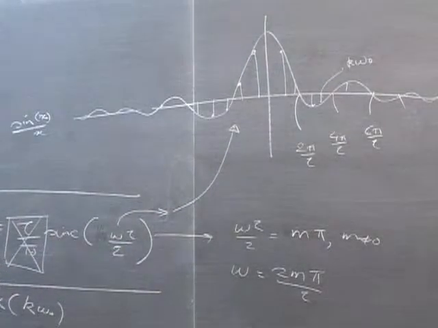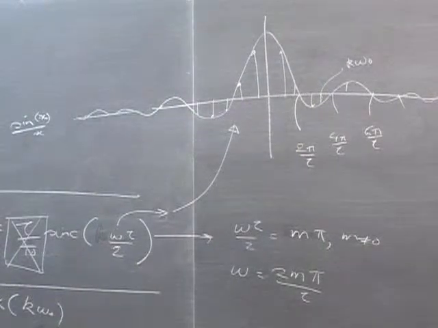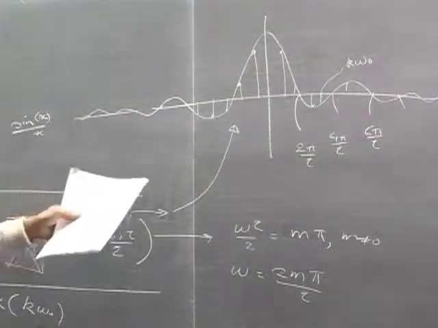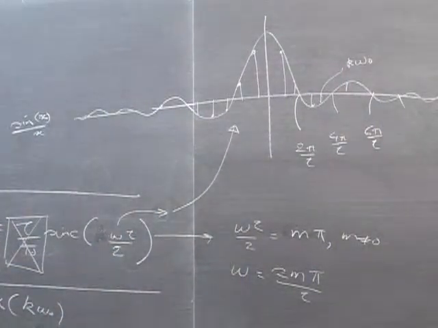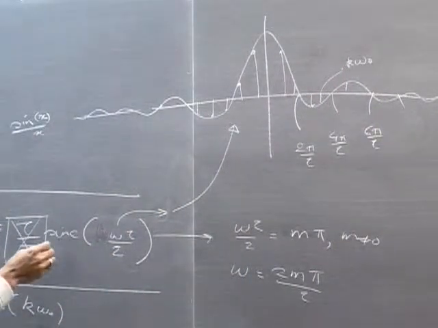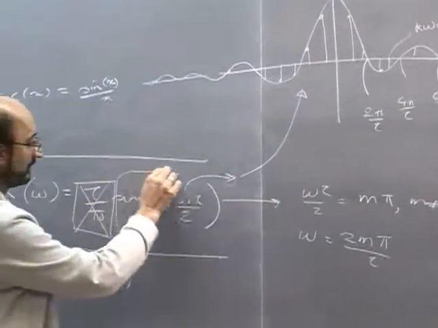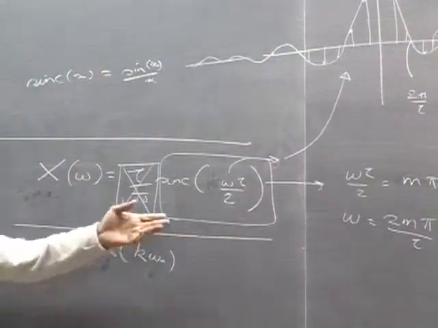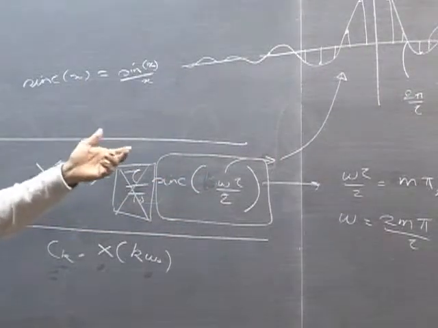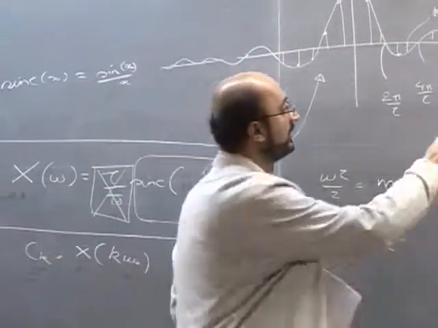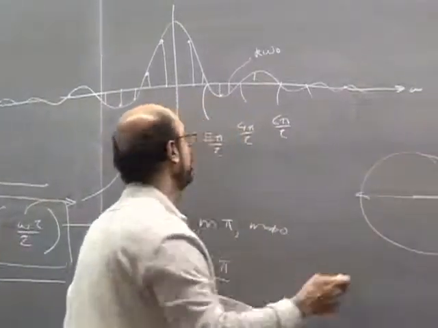But no matter what we have as the value of k omega naught, the shape of this sinc function doesn't change. Why is that? So let's look at the shape of this sinc function over here. What is the parameter? The parameter is omega tau by 2. Omega is just the variable that you're drawing on the x-axis, so obviously it doesn't depend on that.